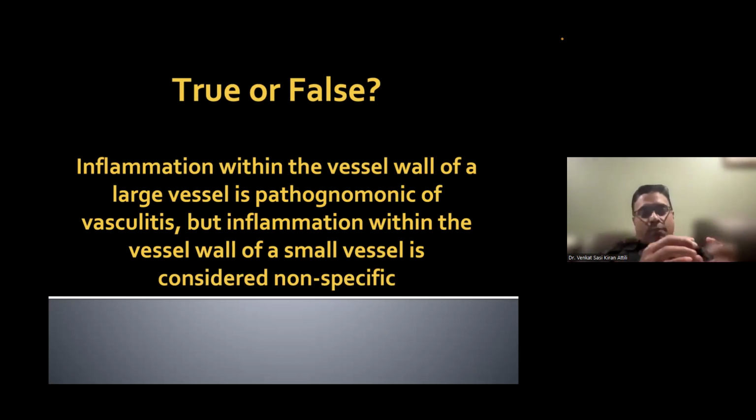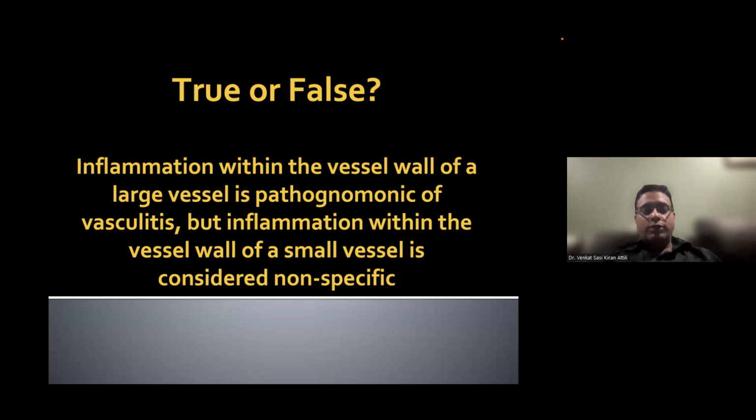So when they're migrating, at some point they will be present within the vessel wall, right? So even in non-specific inflammation, say in psoriasis, lichen planus, or granuloma annulare, how does the inflammation get into the interstitium? It has to cross the capillary wall. And therefore, when you take a biopsy, while the inflammatory cell is crossing the vessel wall, you will see inflammation within the vessel wall.